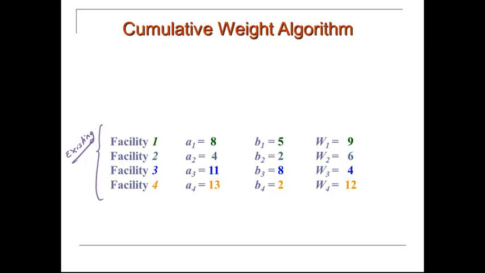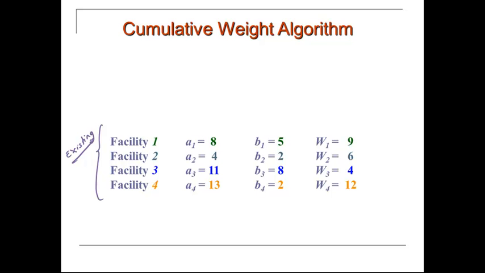And it will use the value of A1 and B1. Again, those indexes correspond to the facility number. So these are the location or the coordinates in terms of x1 and x2 for the first facility.